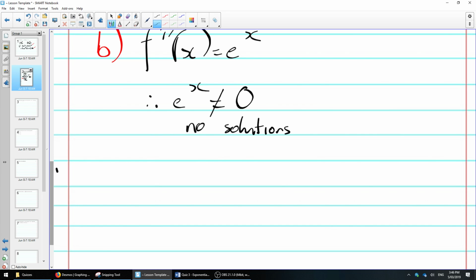Me saying that is me saying, I know how to find a point of inflection, I've got to make that equal 0, but there are no solutions, therefore no points of inflection. Which is fine, it's only 1 mark, so it was only supposed to be a little bit of working.